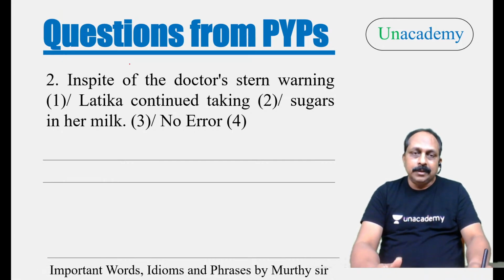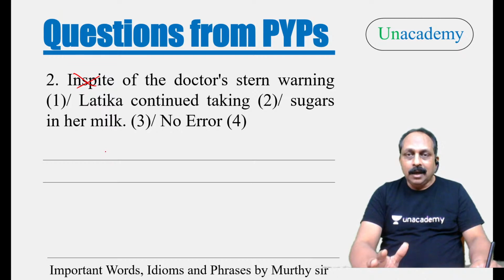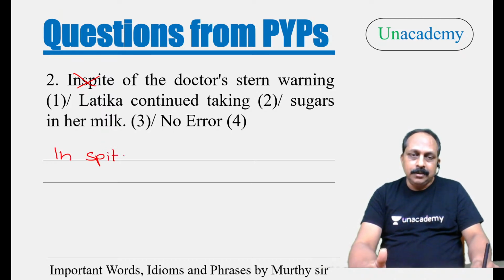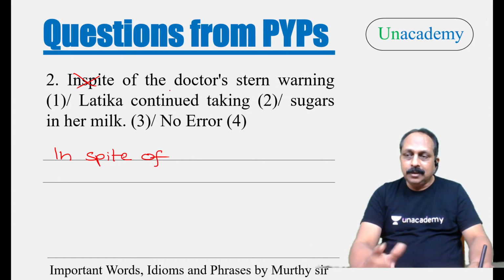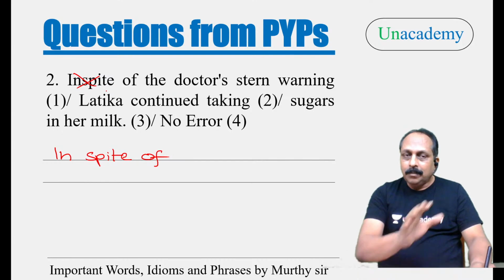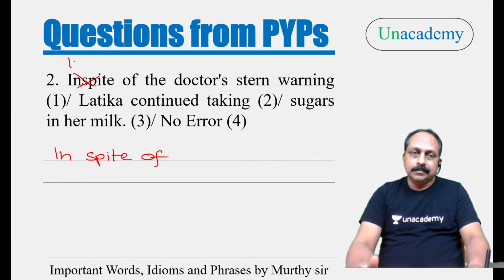In spite of, this is not the actual error. Do remember, whenever you write in spite of, you should write it as three separate words. Don't write it as two words, in spite one word, of one word. But that is not the actual error.